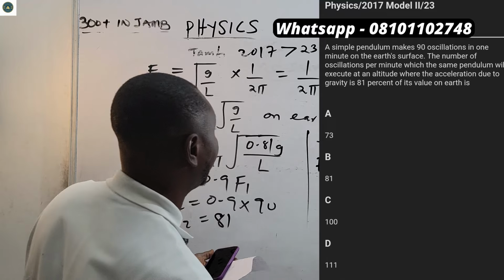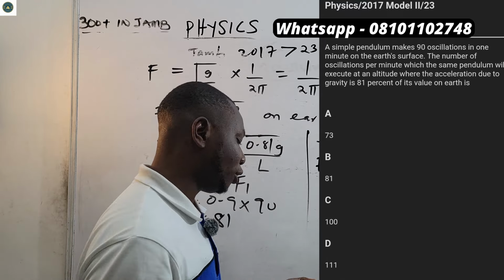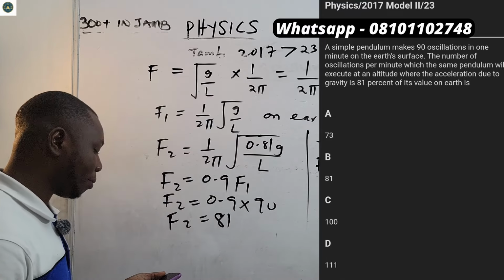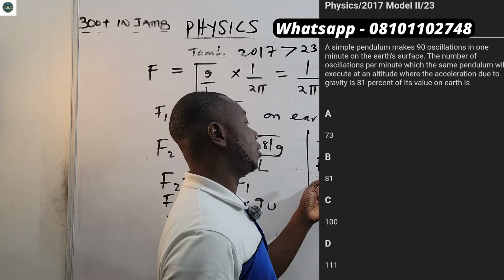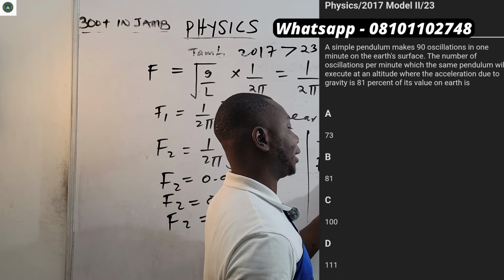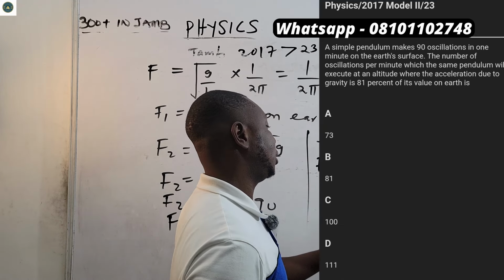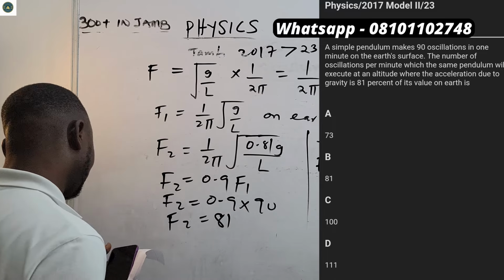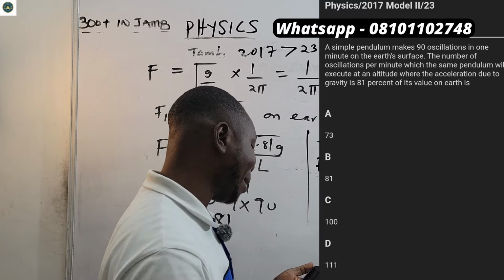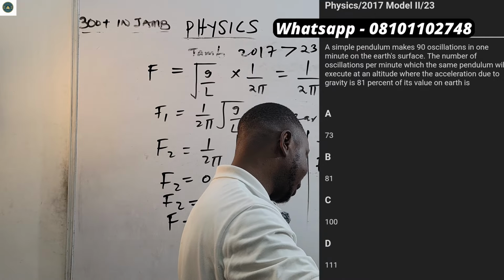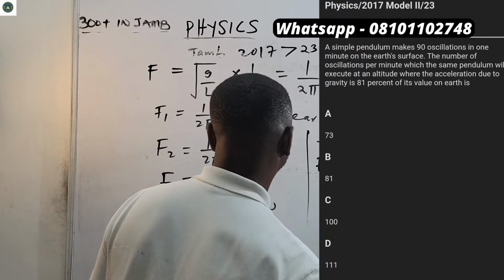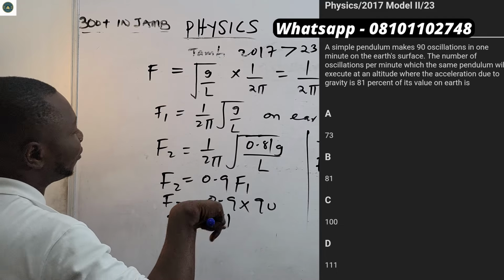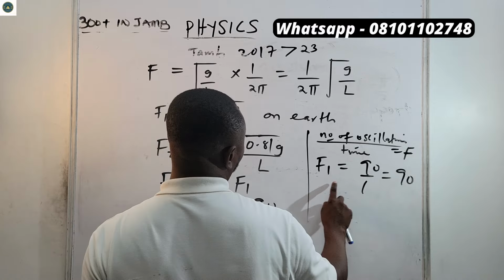Let's make a recap again. A simple pendulum makes 90 oscillations in 1 minute. How do you get the frequency? The frequency is number of oscillation per time. So we have 90 over 1. That one is certain. Now the next thing is that the number of oscillation per minute which the same pendulum will execute. That means you are looking for a new frequency now. The first frequency is 90.